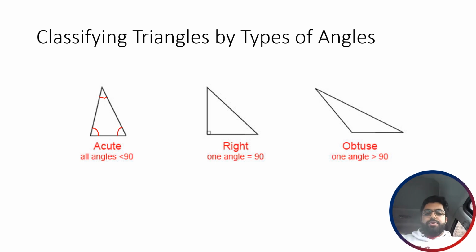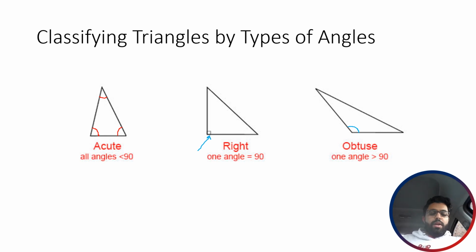You can have a right triangle if you have a right angle. So that's this angle right in here. That's a right angle. So if you have a right angle in your triangle, you have a right triangle. And then if you have an obtuse angle in your triangle, you have an obtuse triangle.